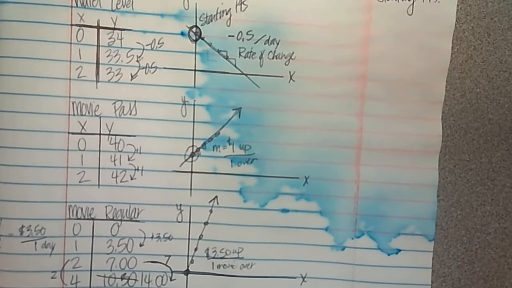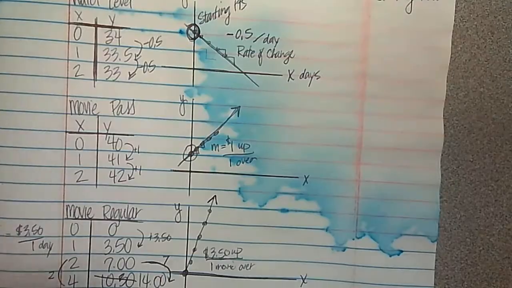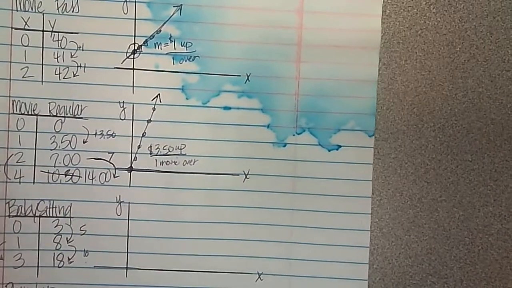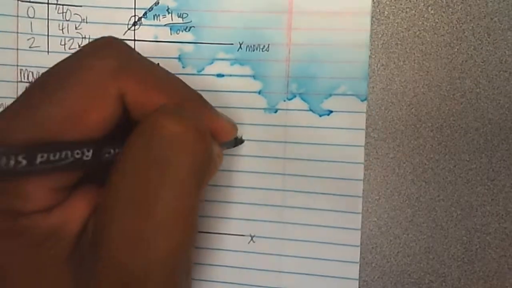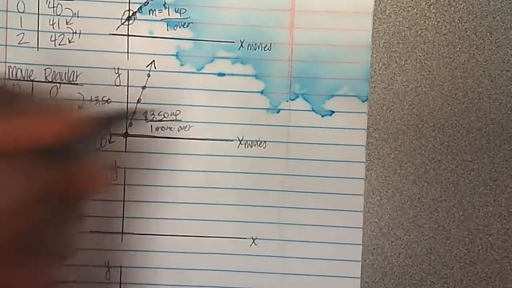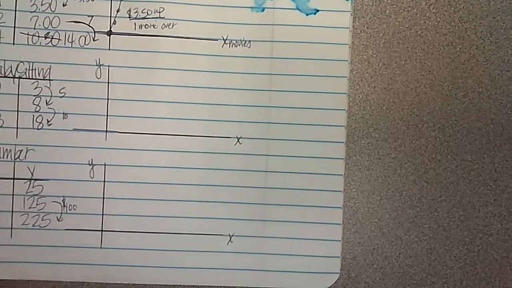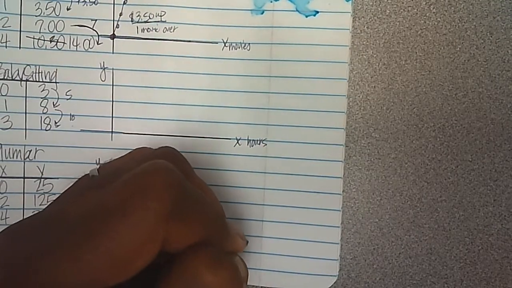So going back to your water level, your X value was the days. Going back to the movie passes, your X value was the movies. Going back to babysitting and plumbing, your X value was your hours.